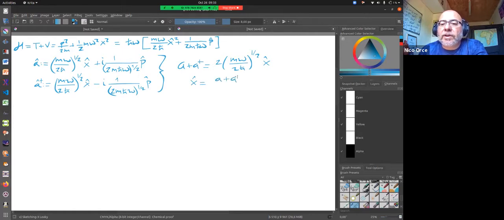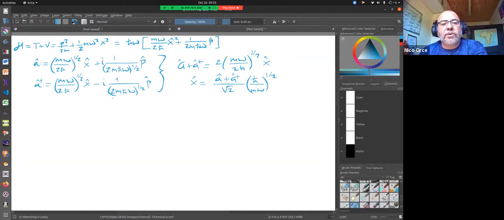Remember, these are all operators, even if sometimes I forget. Divided by the 2, there will be a square root of 2 here, and h bar over M omega to the 1/2. That will be X. And similarly with P, we do the same. When adding these two, the P terms cancel each other.